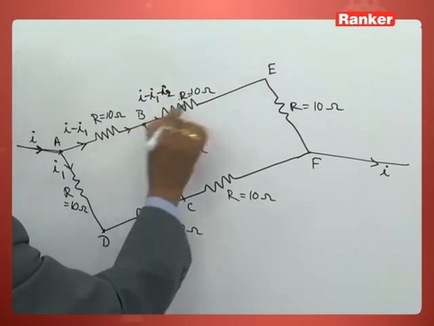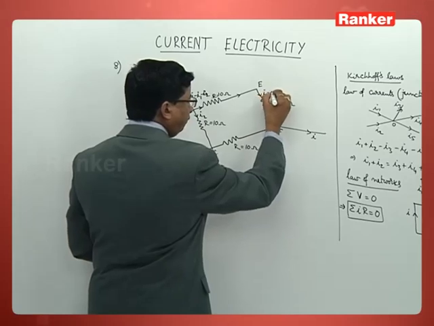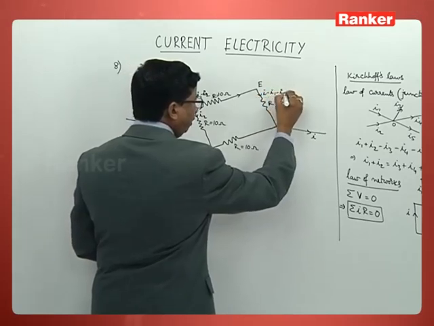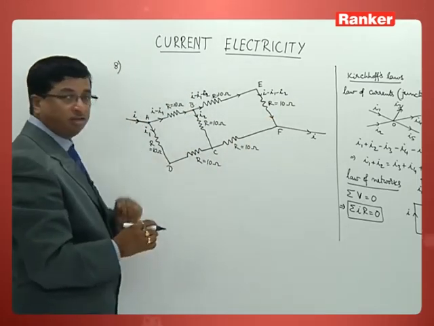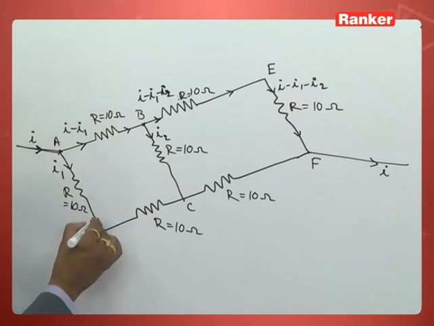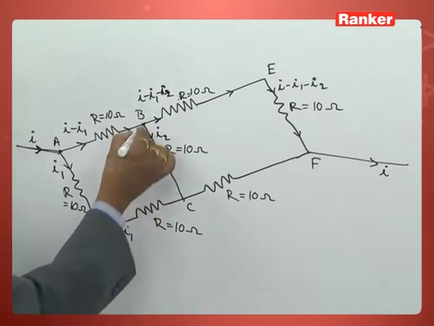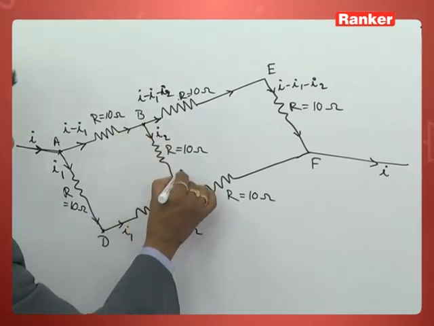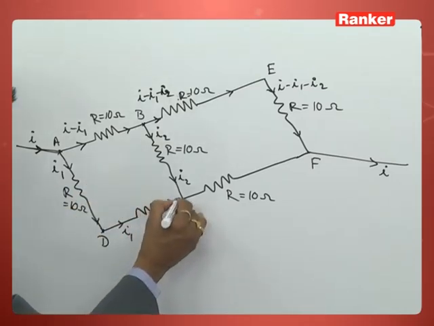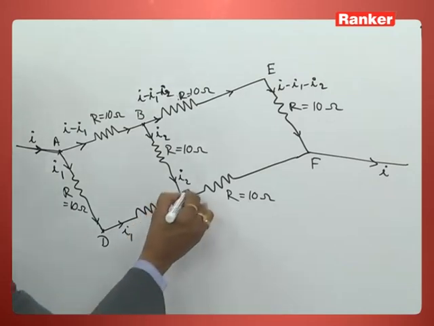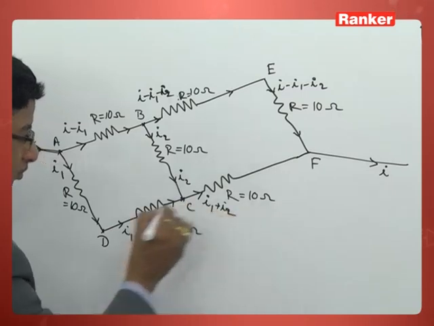So that is the current across this. Same current, I minus I1 minus I2 comes all the way like this. In the meantime, what is happening? This I1 enters into this particular resistor. This I2 comes all the way across the second. Both the currents will merge here to give out the total current here as I1 plus I2.